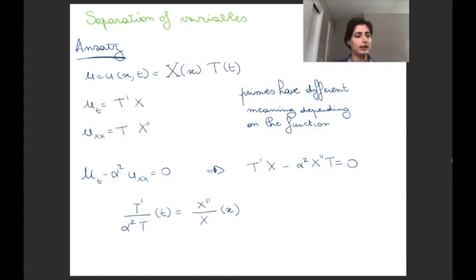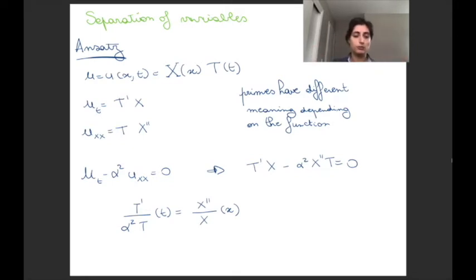In the meanwhile, I set Cv equal to 1. A rescaling makes sense also. And we transform our u_t minus alpha squared u_xx equals 0 to T prime X minus alpha squared X double prime T equals 0.